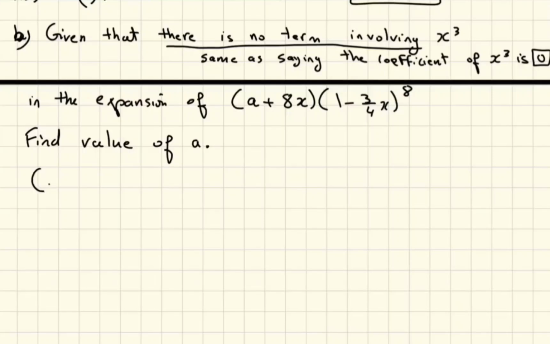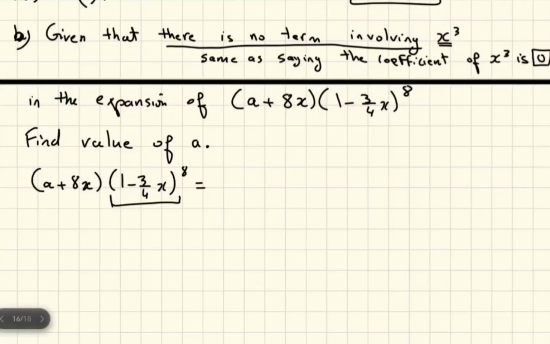Alright, now I will write (a plus 8x)(1 minus 3 over 4 x) exponent 8. Now some students tend to expand all of this. However, we're talking about x cubed, so it's enough for me to expand up to x cubed and that's it. So I will write (a plus 8x) bracket. Let's expand this. Because it looks like (1 plus big X) exponent n, I will apply the rule.